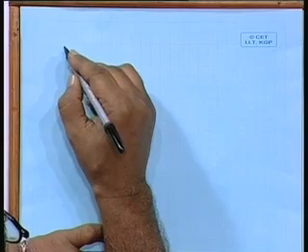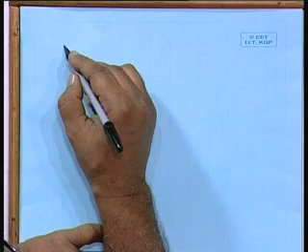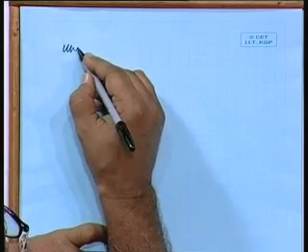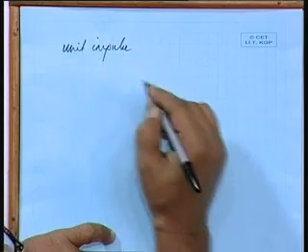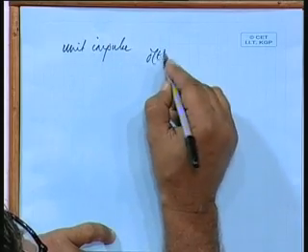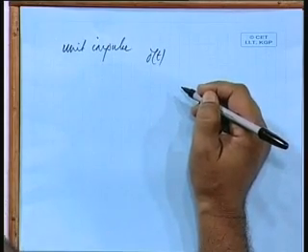Okay, so, gentlemen, we will continue with the discussions on signals. Last time we were discussing impulse functions. A unit impulse will be denoted by delta t.